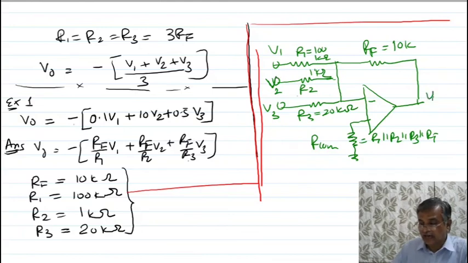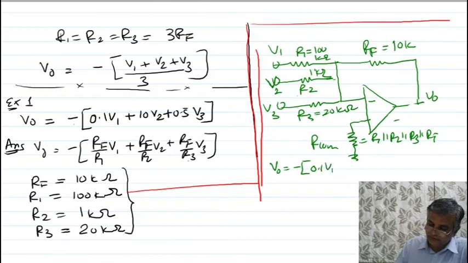So from this you can get the output VO as minus (0.1 V1 plus 10 V2 plus 0.5 V3).